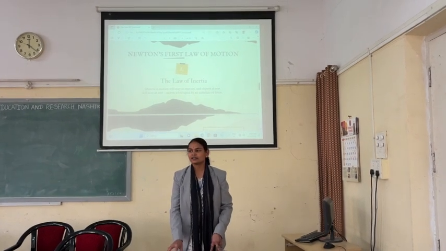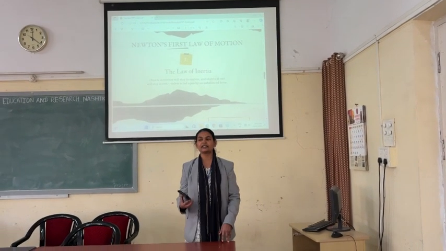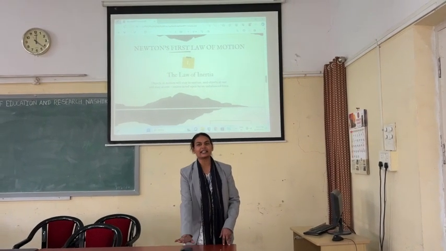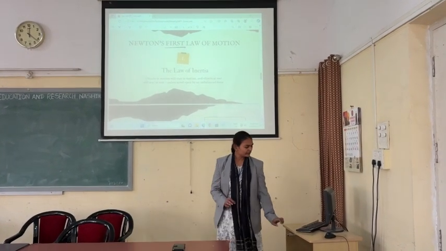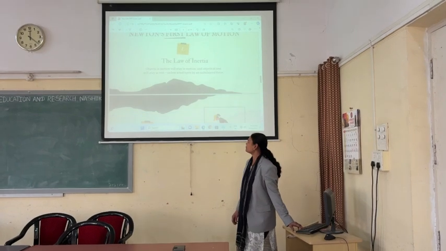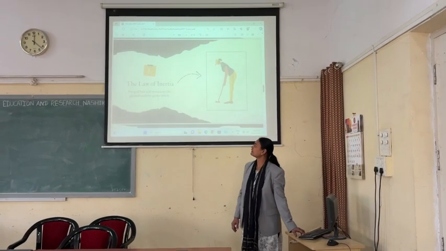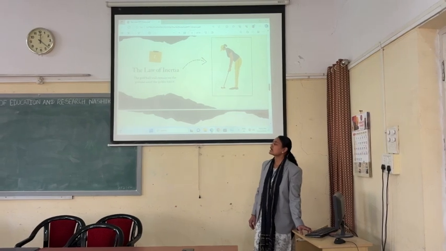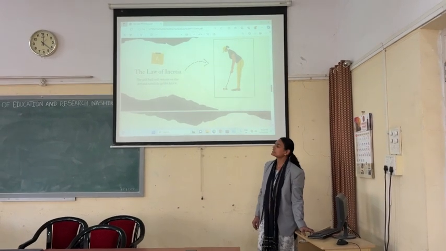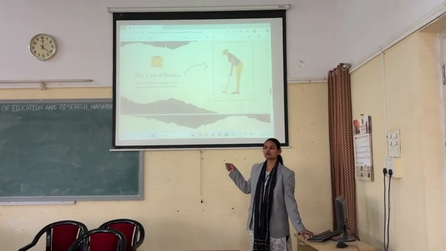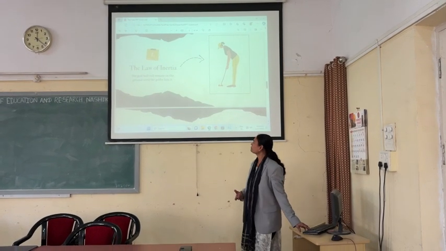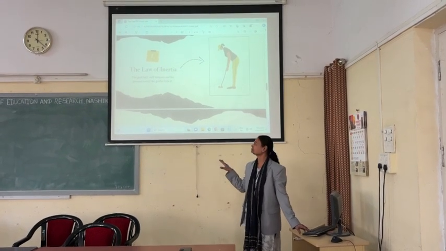Until we pick it up, this mobile will stay just as it is. That is the first law of motion, inertia. Another example: the golf ball will remain on the ground until the golfer hits it. Until he hits it, the ball will not move from there. So it remains as it is.